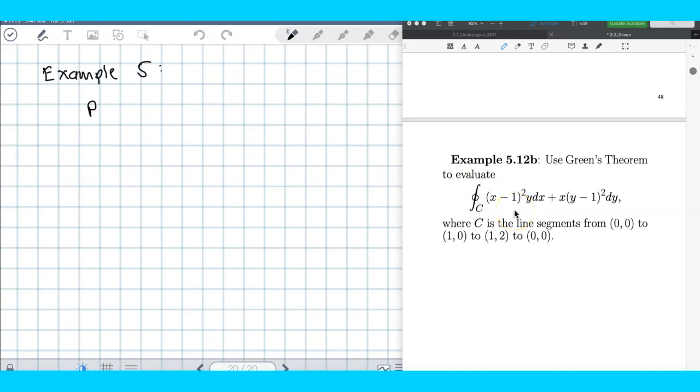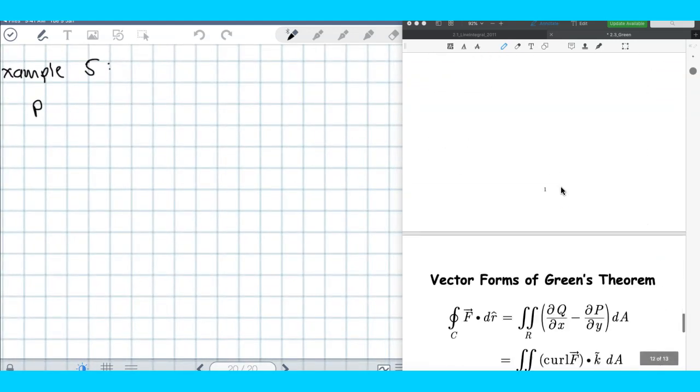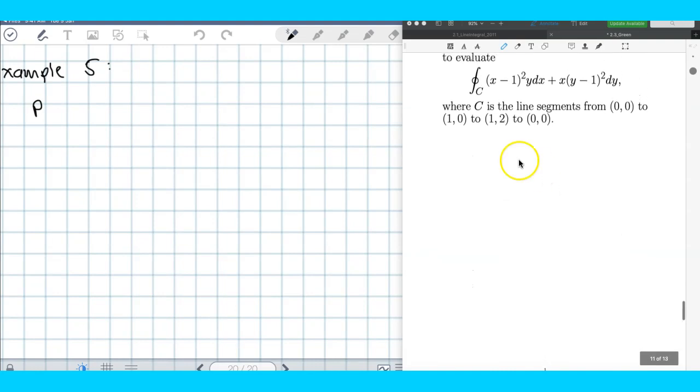But firstly, you have to find out what the shape of your path is. They are all line segments starting at 0, 0.